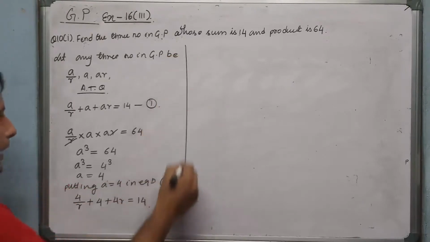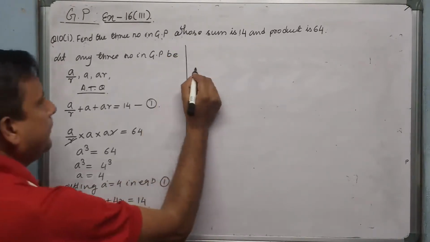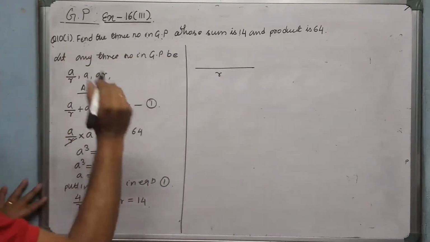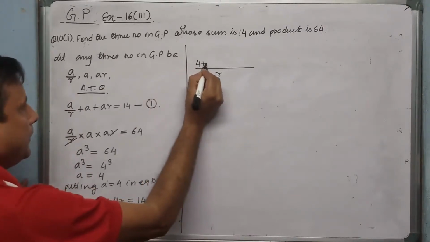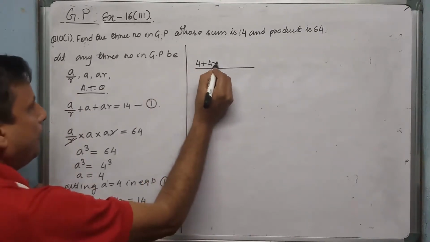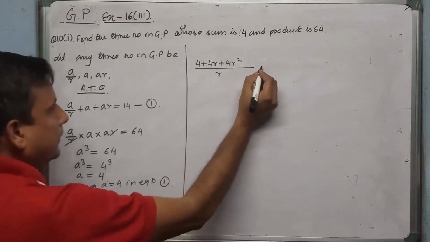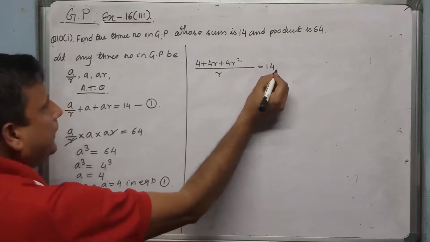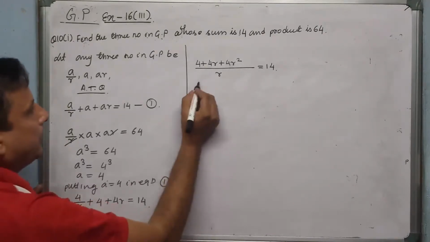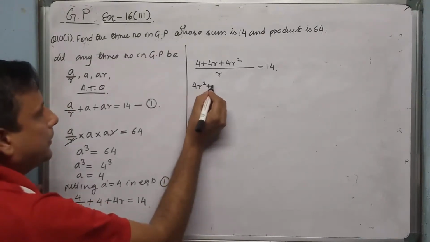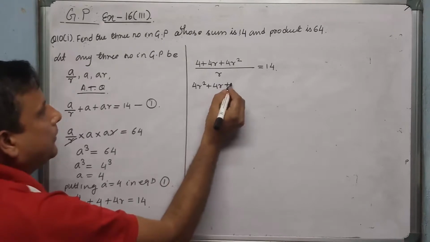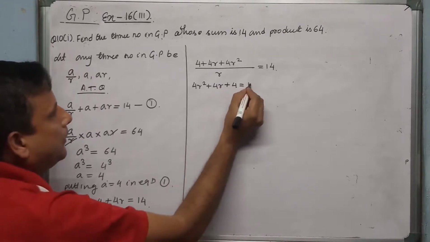Now I'll take the LCM over here. What is the LCM? R is the LCM. Taking R as LCM, 4 plus 4R plus 4R squared is equal to 14. Now with the help of cross multiplication, I'll write 4R squared plus 4R plus 4 is equal to 14R.